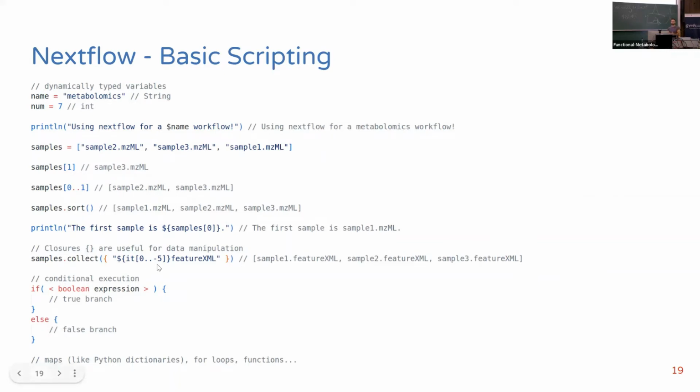So if you would like to manipulate your data, let's say in that list of mzML files, you could just use that to replace the name with featureXML file endings after your feature detection is done. And of course, it has all the other stuff of normal programming languages like conditional executions, maps, for loops, functions, everything.